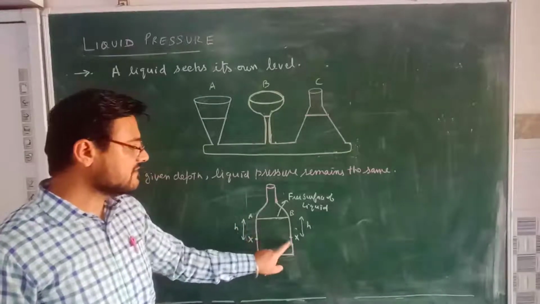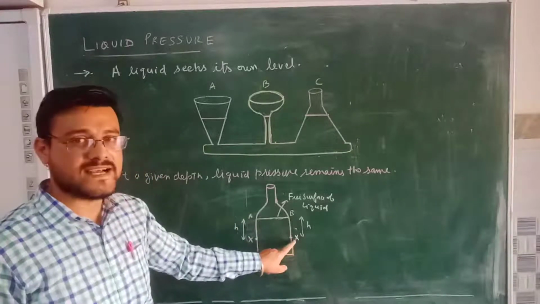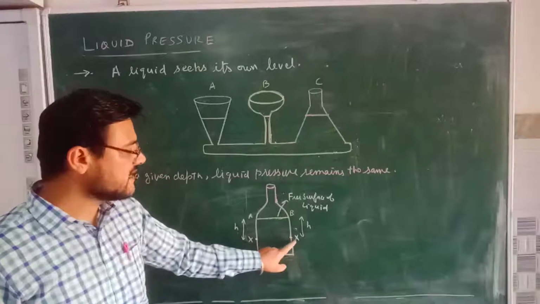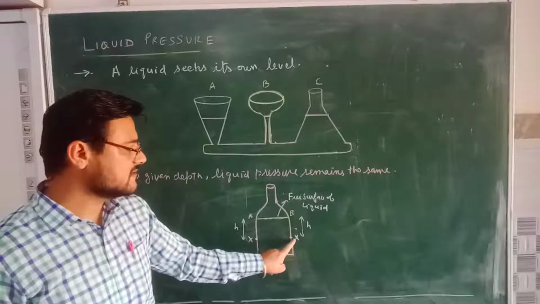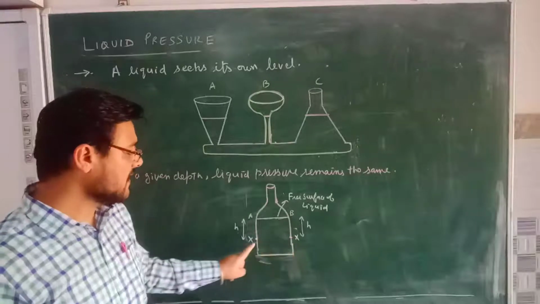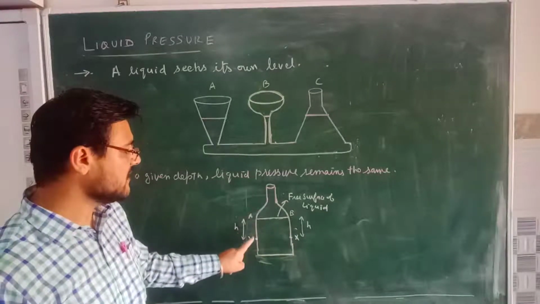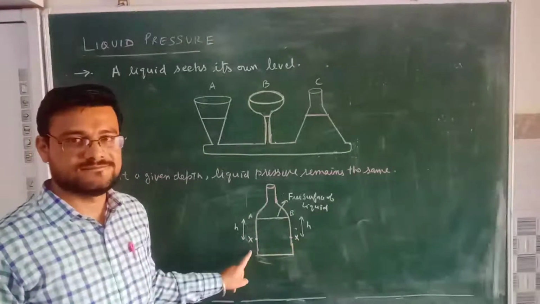At a certain depth below, we select a point X on the two opposite ends of the bottle, such that the depth of the point X below point B and the depth of the point X below point A is the same.